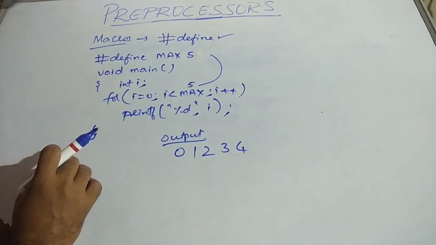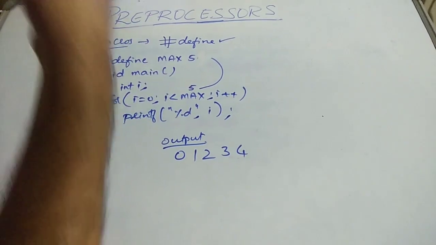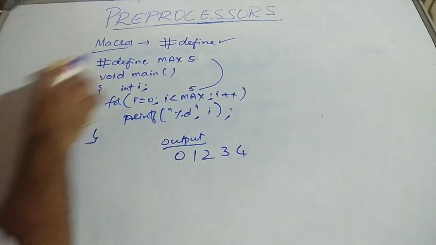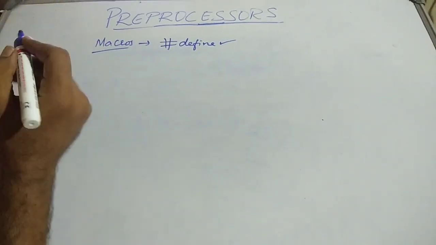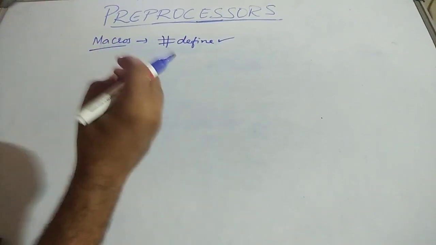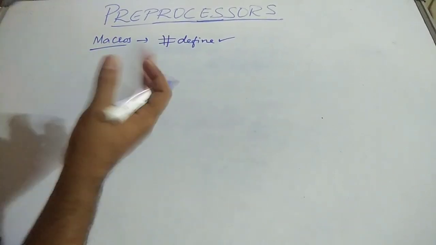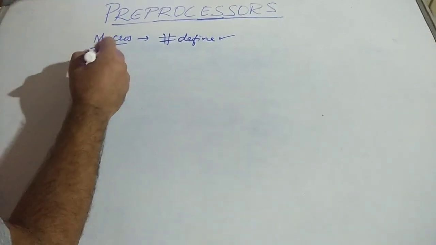Is it clear? Now we'll take one more example. Here we have just taken one variable. Now we'll take one function as a macro. Right? So here what happens? When we pass arguments to a macro, a macro defined with arguments works similarly to a function. So we'll understand with the program.